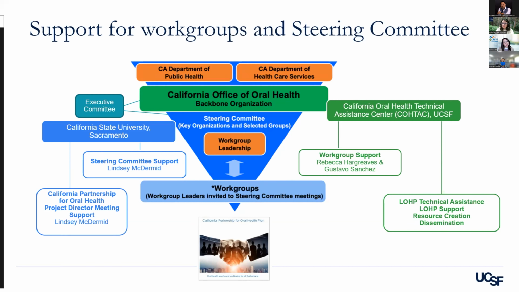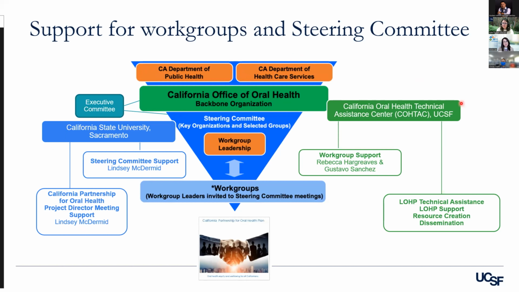And so this is the structure. The California Office of Oral Health is the backbone organization. Of course, we partner with our sister organization, Department of Healthcare Services, Medi-Cal Dental Services. And then we also partner with Sacramento State University, which helps with our steering committee and our partnership.